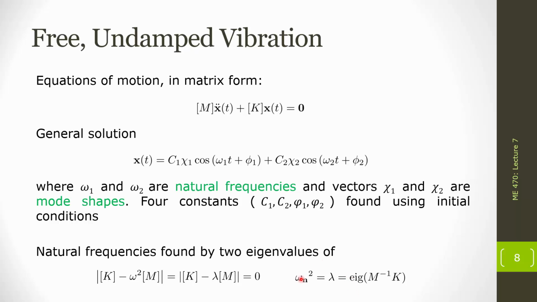So again, to recap here, the natural frequencies of the system are the square roots of the eigenvalues of m inverse times k. That is how for 2 degree of freedom systems and higher, we're going to be able to find these natural frequencies.